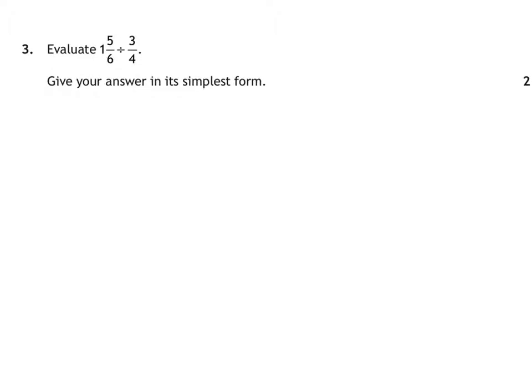Okay, question 3, fractions. We are dividing. So before we do anything, because we've got a mixed number here, we are going to change that mixed number into a top heavy. So stop the video, go and have a go yourselves. So first thing I'm going to do, I change my mixed fraction, 1 and 5/6, into a top heavy, which is 11 over 6.